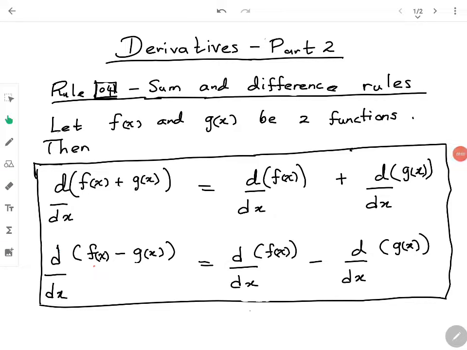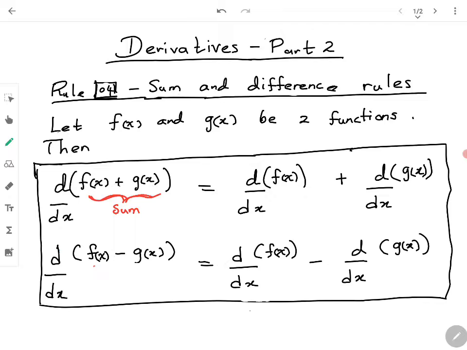Okay, so in today's lesson, we are going to discuss the sum and the difference rules. So here we have two functions f and g, and the first rule is for the sum. So we add these two functions together and we have a summation like here.